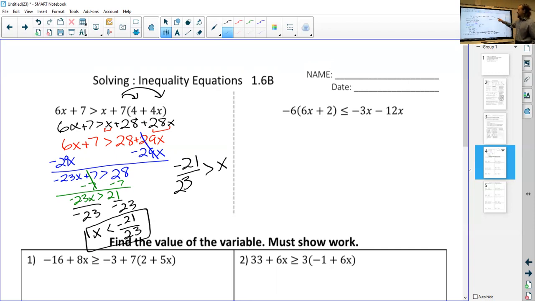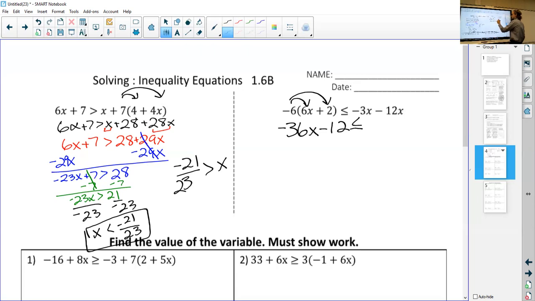Okay. Let's do one more practice problem. So start off, we distribute. So notice we're multiplying by a negative here, but since we're only doing it on one side, that does not affect our inequality. So this is negative 36x, negative 6 times 2 is 12.